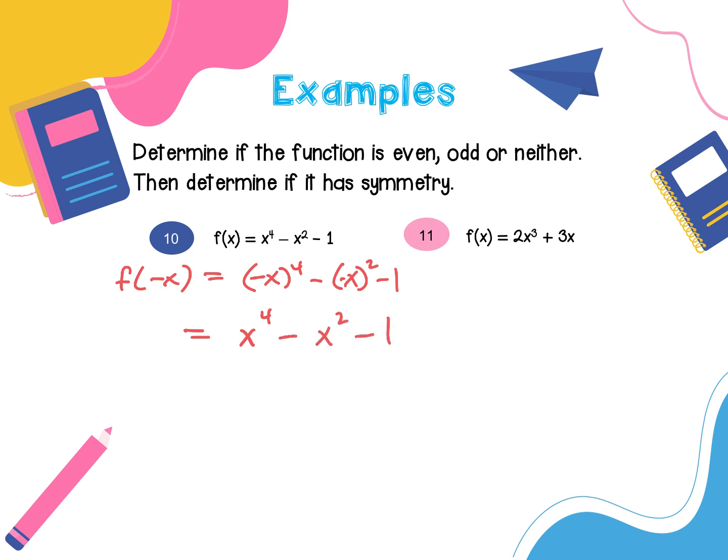And now this is simplified, and notice this is the original again. So this tells me that it's an even function, and it's going to be symmetric to the y-axis. So it's got y-axis symmetry.